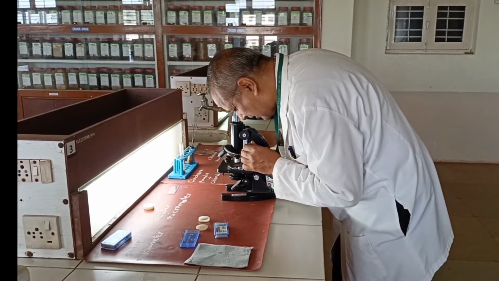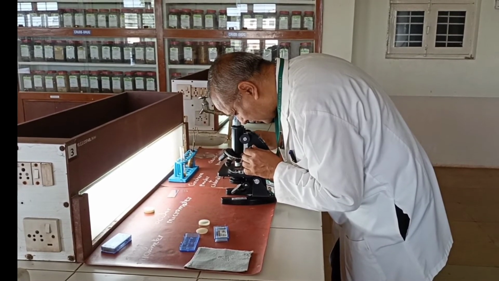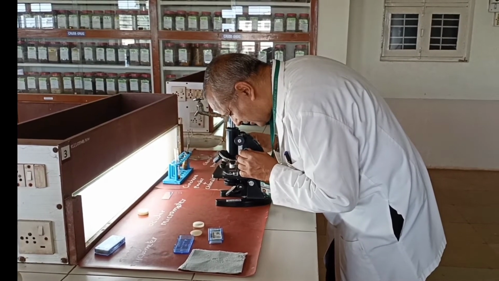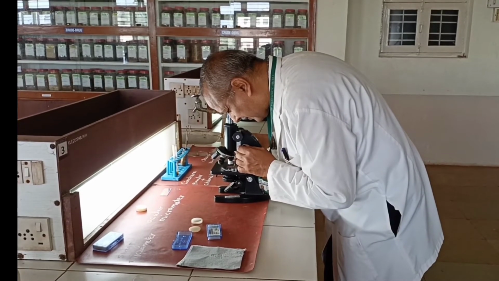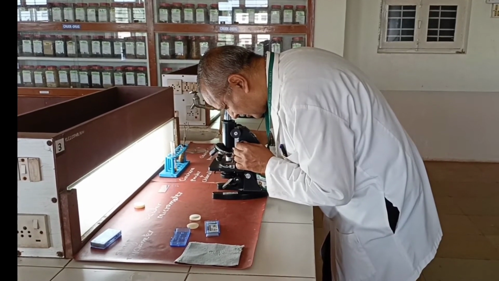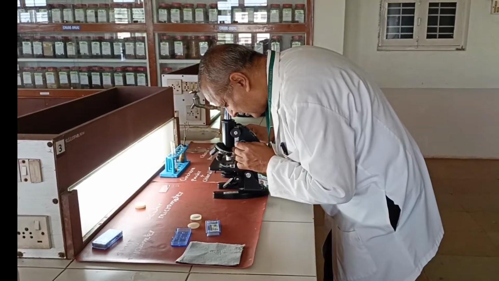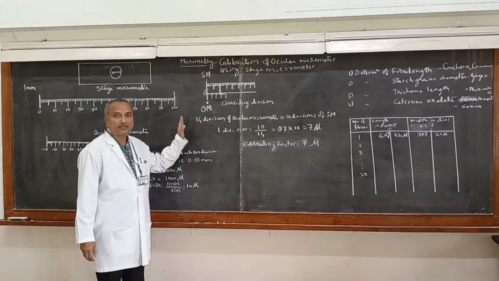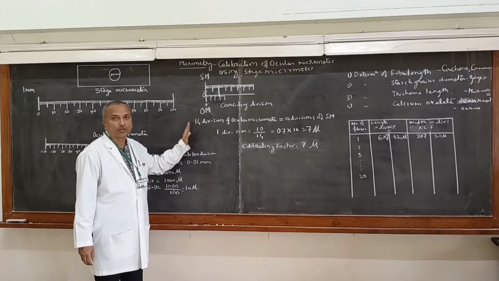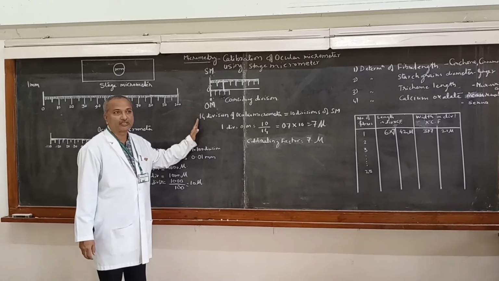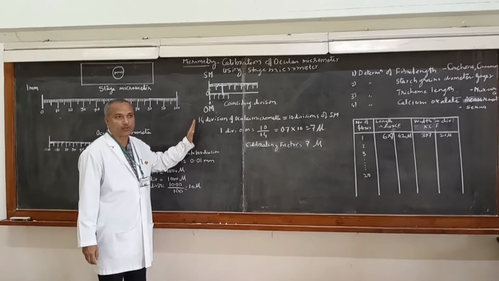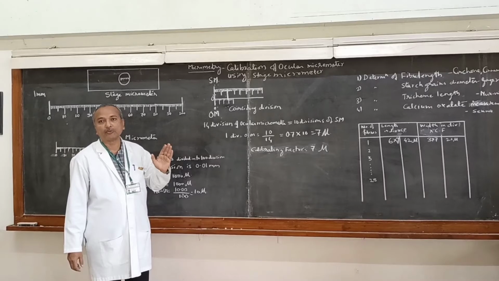You adjust the stage as well as the ocular micrometer, and you can find the superimposition, and the nearest coinciding division you have to identify. This can be done with the high power as well as the low power. Once the calibration is completed with the high power as well as the low power, then you can go for experimentation.